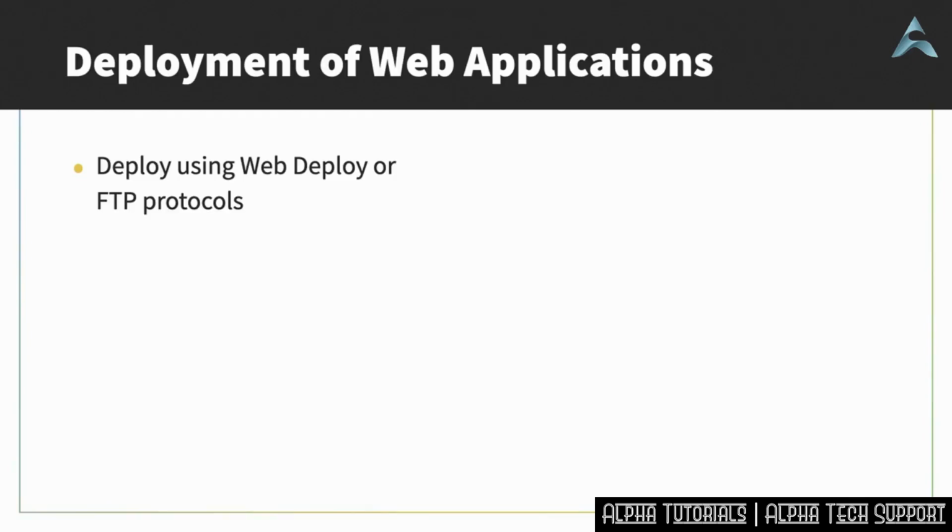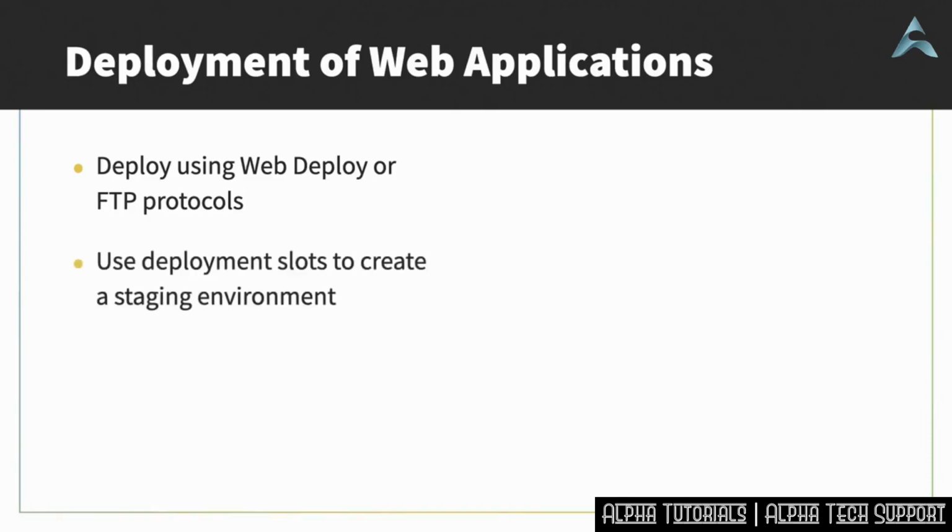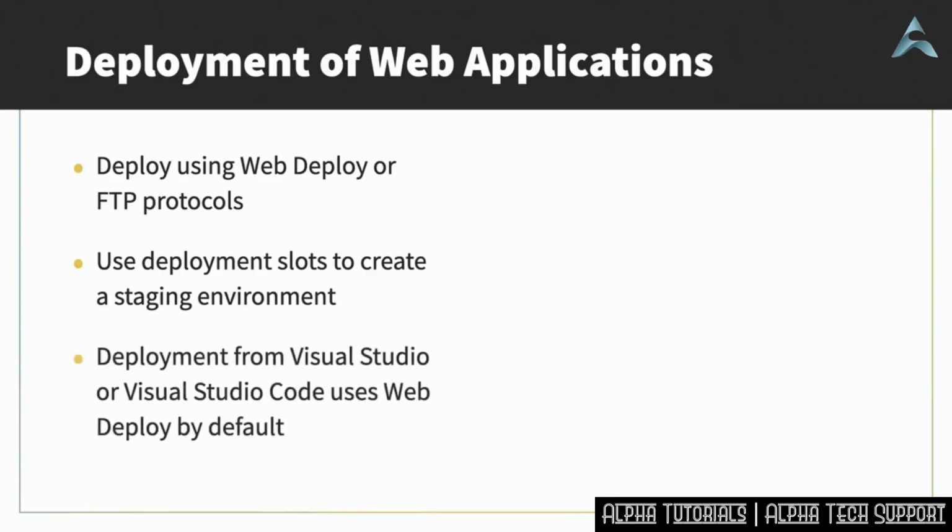If you're not planning on using FTP, just disable FTP on the web app settings of the app service. Another great feature that we have on app services is deployment slots, where I can create staging environments. But later on, we're going to dive deeper into the staging slots part. And of course, I can always deploy from Visual Studio or Visual Studio Code to web applications. It is very easy.